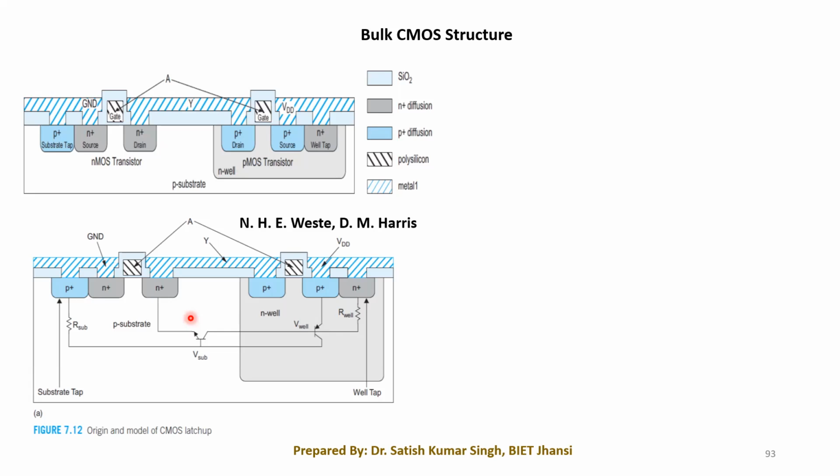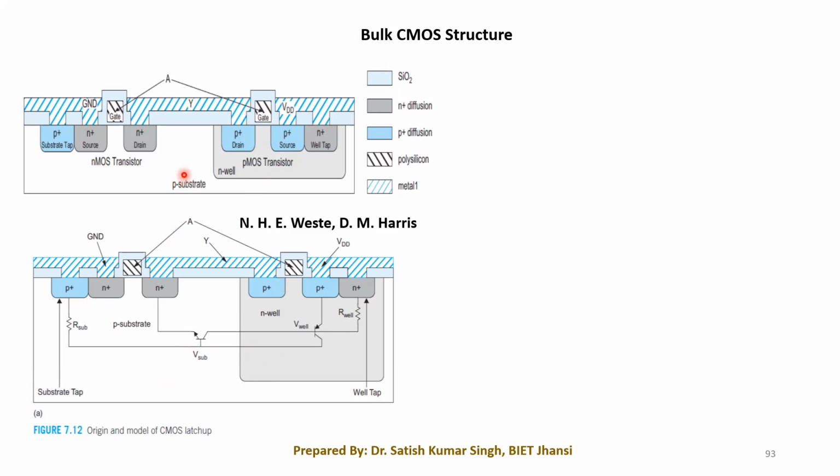Here you can see we are writing it as a bulk CMOS structure. Generally in the CMOS structure we take a conductive substrate, and this is why it makes a low resistive conductive path, because the p substrate that we have taken here is conductive in nature.